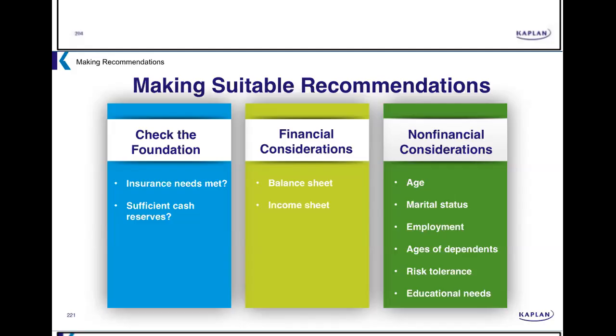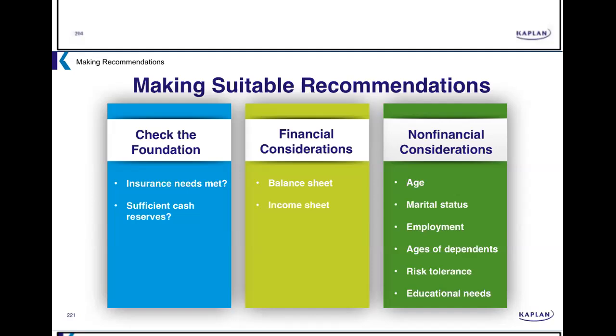And then we're going to ask lots of questions having to do with both financial and non-financial considerations. Our financial considerations would have to do with things like, what do they own versus what do they owe? Asking information about what they make versus what they spend. Non-financial considerations would be things like, how old are they?